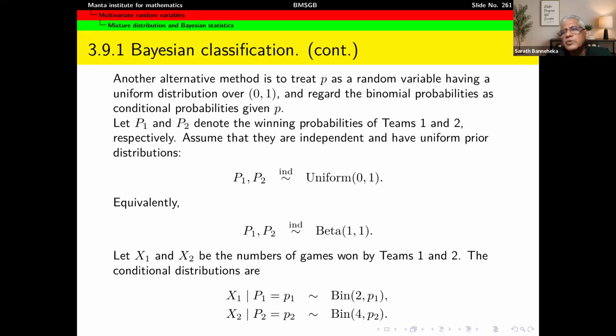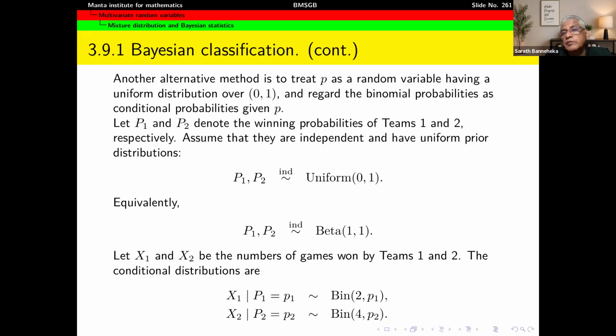Suppose P1 also has a distribution that is called the prior distribution, right? Of course, in this case, we are applying something called an uninformative prior. We don't have any idea. But this is, on the other hand, also a conjugate prior, something called in Bayesian settings. Uniform distribution is a particular case of a beta distribution.